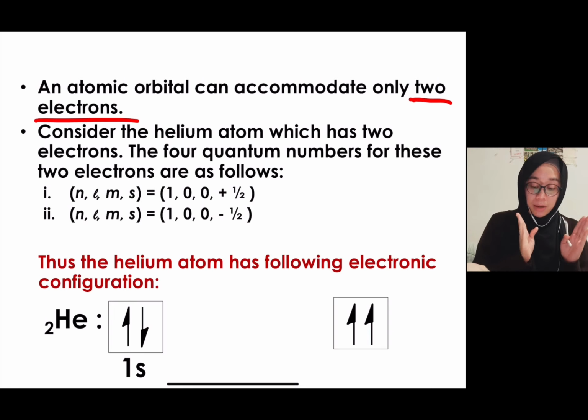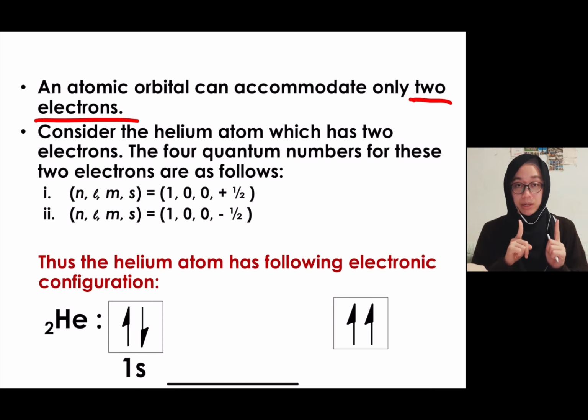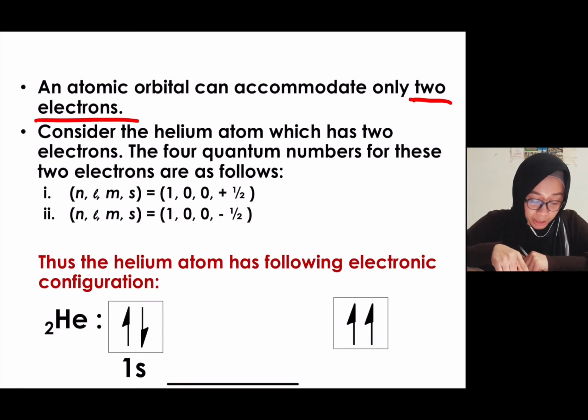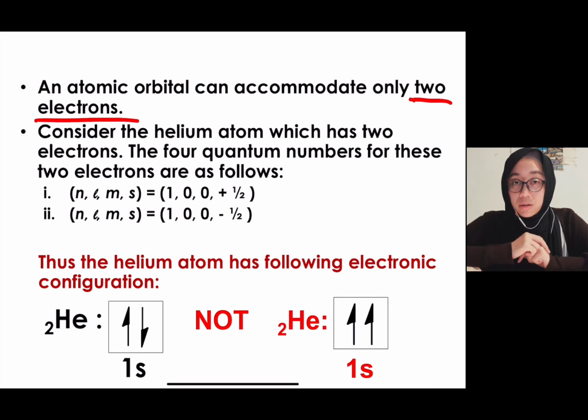Meanwhile, the one yang sebelah kanan pula, okay, sebelah kanan pula kamu akan nampak yang dua-dua arrow tersebut menunjuk ke atas. Okay, so bila dua-dua ke atas menunjukkan dua-dua spinning dia sama, dua-dua direction dia sama. Tapi bolehkah? Does it obey the Pauli exclusion principle? No, it does not. Okay, therefore, yang betul adalah the one yang sebelah kiri and not the one on the right.